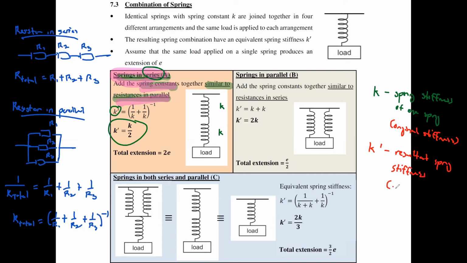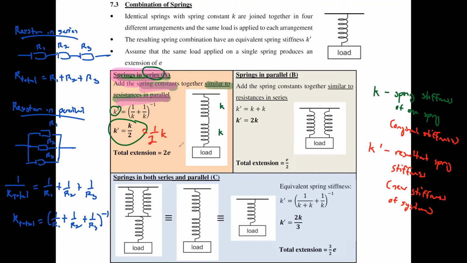In other words, it's the new stiffness of the system. So now you see K prime is actually K over 2. This is saying it is half of the original stiffness.